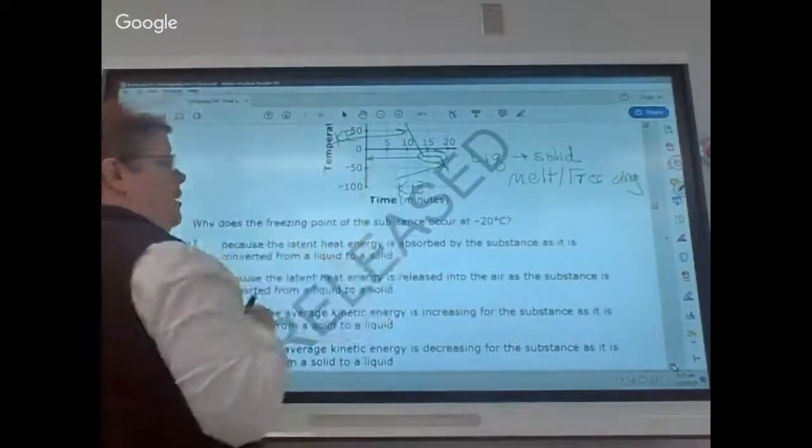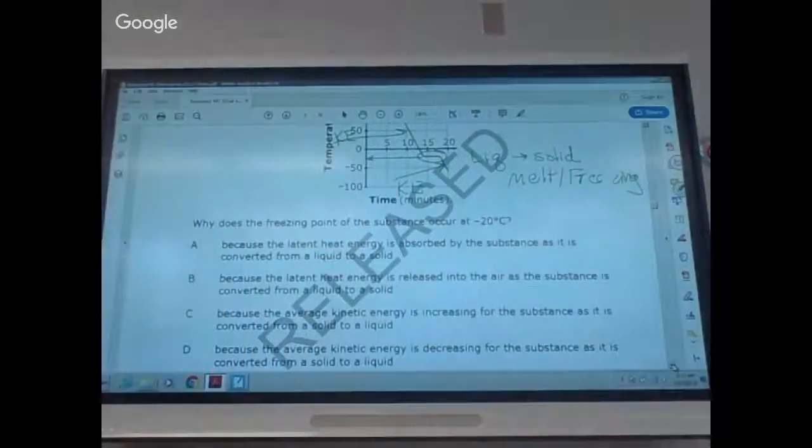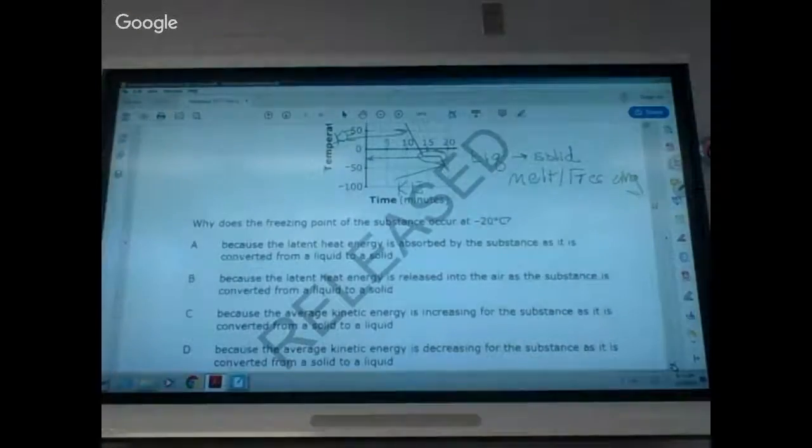Those are your kinetic energy spots. Potential energy is a flat spot. Kinetic energy is based on temperature changes. So which of those answers can we chuck? C and D are gone because of kinetic energy. Okay? So get rid of those two. Now we're left with A and B. All right? So it says that we're freezing.